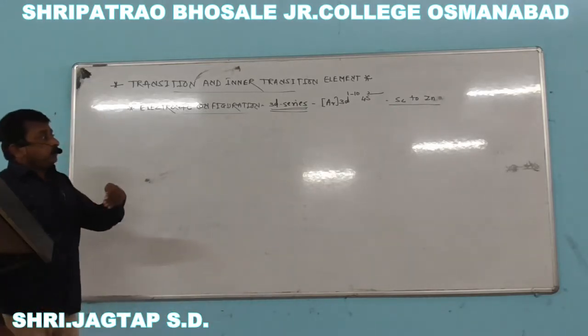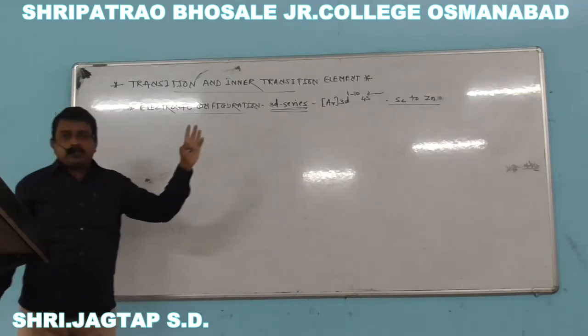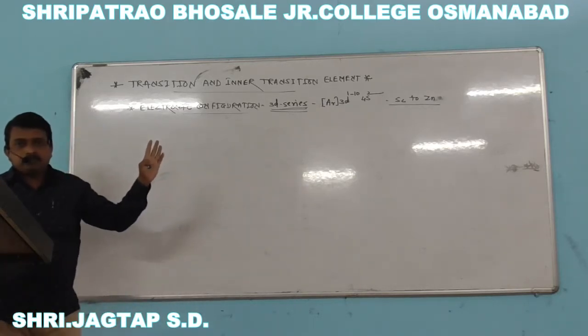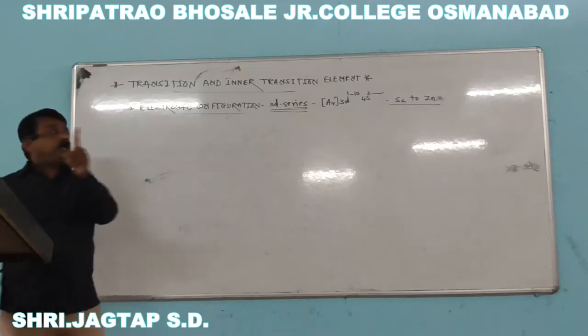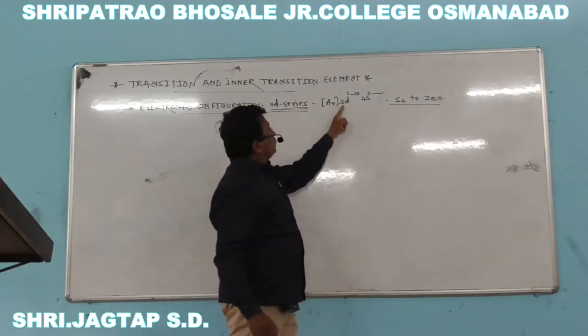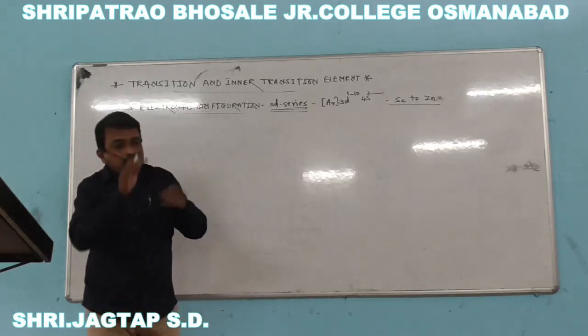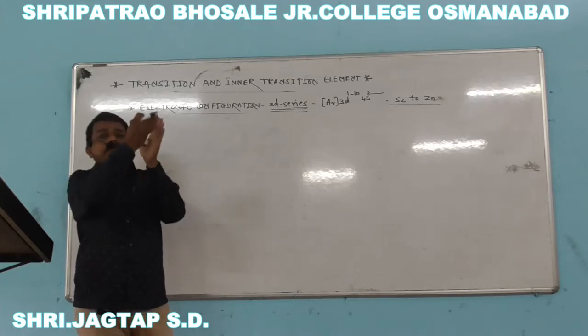Electronic configuration: the distribution of electrons in various orbitals is called electronic configuration. The 21st electron of scandium enters the 3d orbitals. The 3d orbital is successively filled in each element.